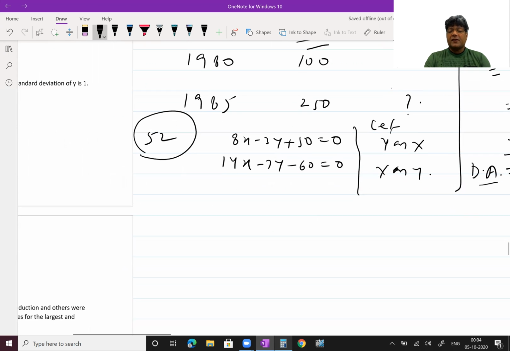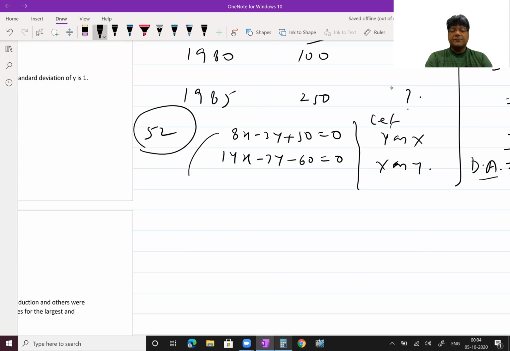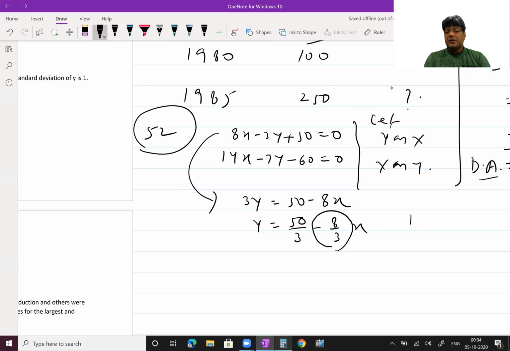It may not be correct, or it may be correct; we will come to know later. If this is y on x, I will transfer it into the y on x style. What is the style? 3y is equal to 50 plus 8x. So y is equal to 50 by 3 plus 8 by 3 x. Obviously, this is byx according to our supposition, 8 by 3.